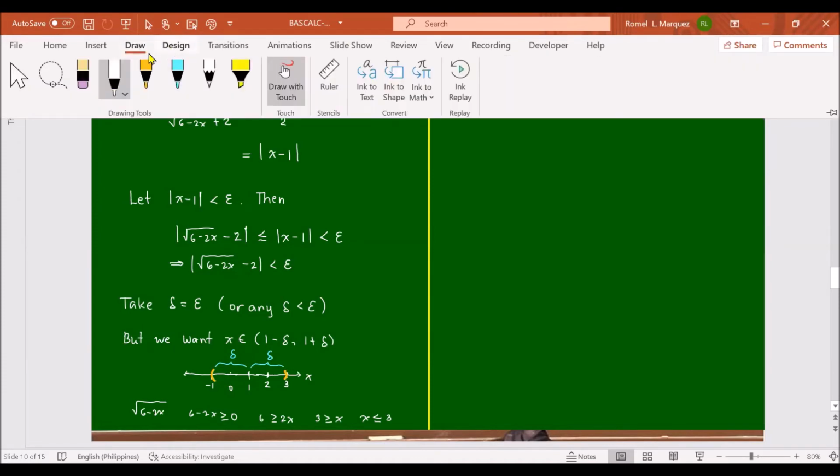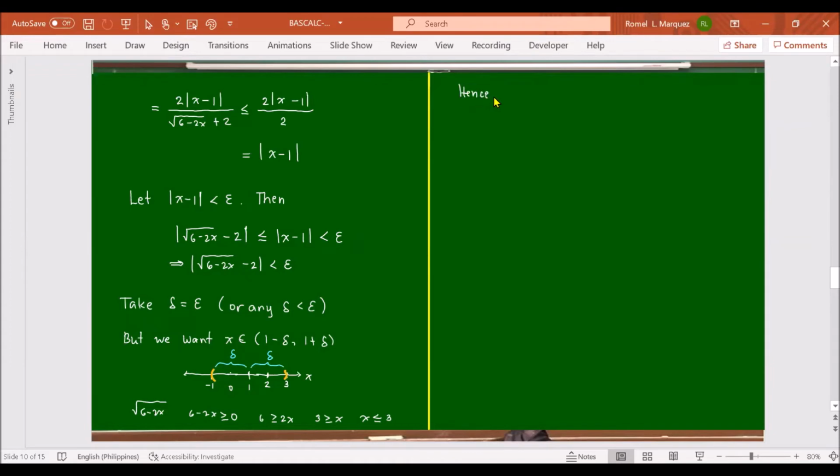So hence, delta can take at most 2. For convenience, which is actually our goal, because we want delta to be small, let's take delta to be equal to 1 for convenience.